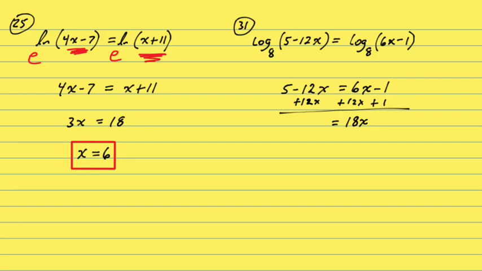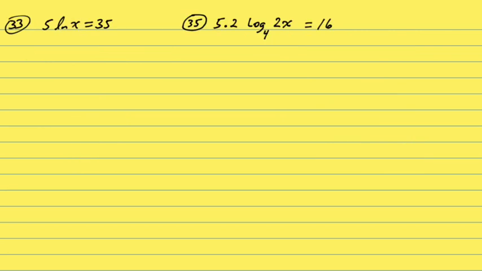And if I add 1, I think that gives me 6. Divide by 18, 6 goes into 18 3 times, and you'll get your answer to be x equals 1/3. Again, I'm trying to hit at least one in each section so you have a good overview of this section.